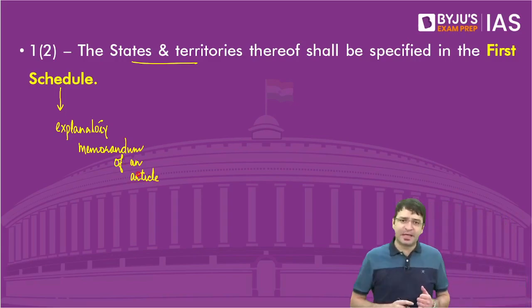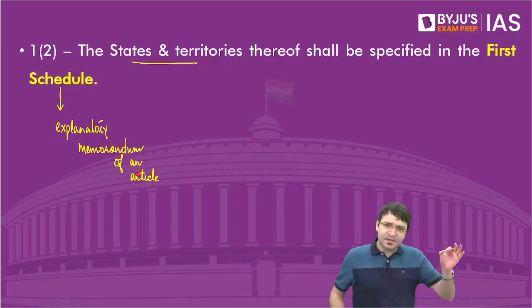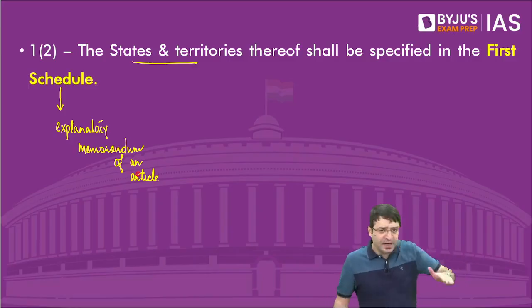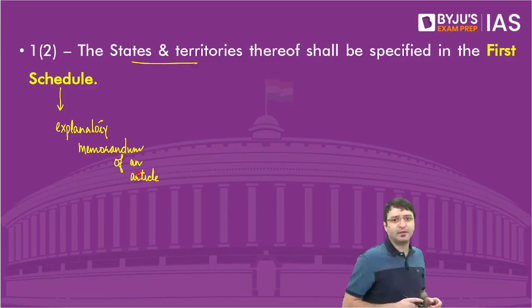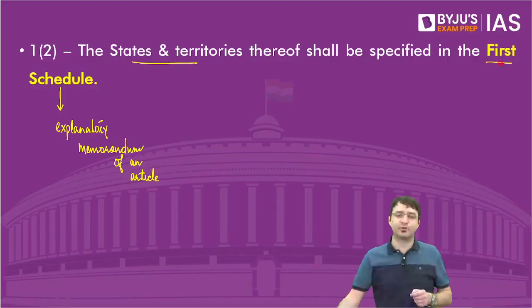What do we mean by that? Article 1, Clause 2 says the names of the states and territories thereof. We have 28 states. We have 8 union territories. Where would their names be specified? These names will be specified in first schedule of the Constitution.